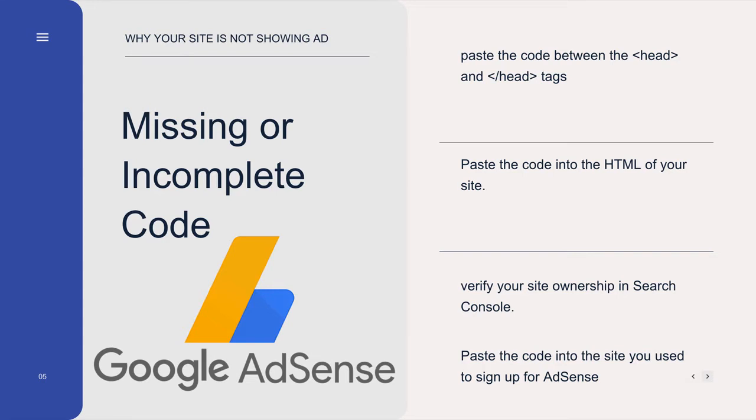So if you used abc@gmail.com, which is part of abc.com, you have to paste the code into that site that you entered into Google, and make sure that you are entering the correct URL. Once you've done that, check that your ad code displays all on one line, and check that properly.